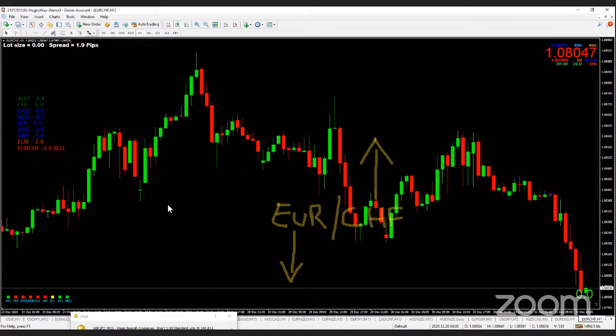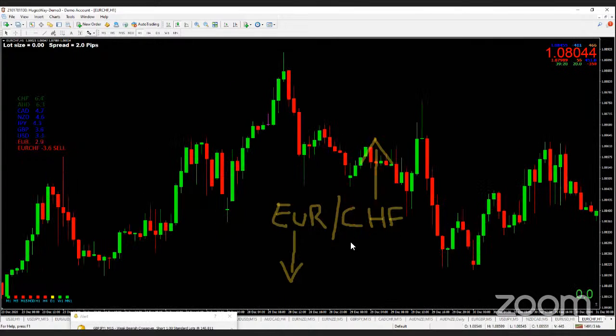Like I did say earlier on, the way we tend to decide which one to go with is to choose one of the strong currencies and match it with a weak one. So we have so far had a look at Euro CHF.